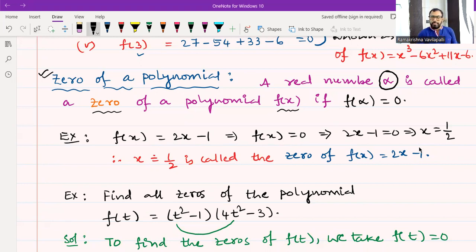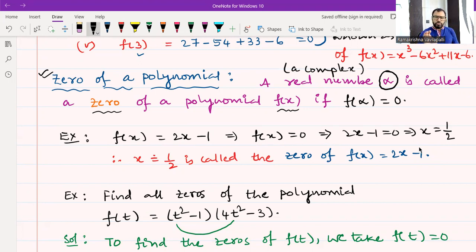Once again, I am bringing back here. Here I have stated that a real number alpha, okay? It is not necessarily a real number. It can be a complex number also, a real number or a complex number. Because we will learn complex numbers in future.